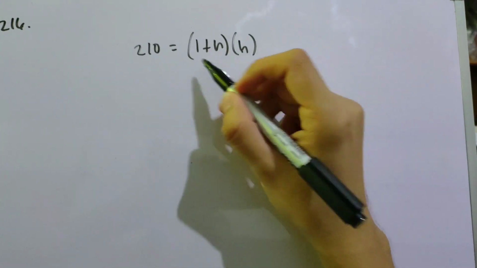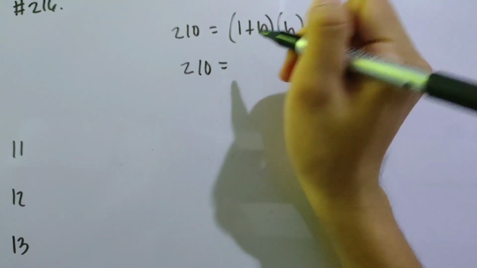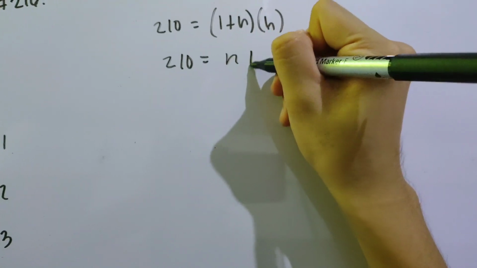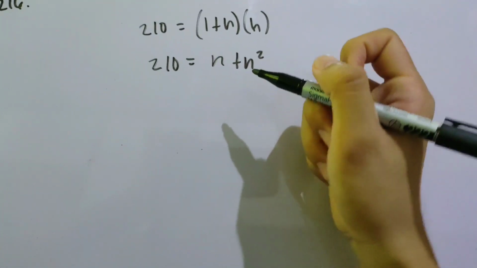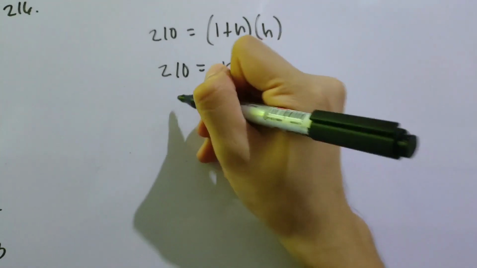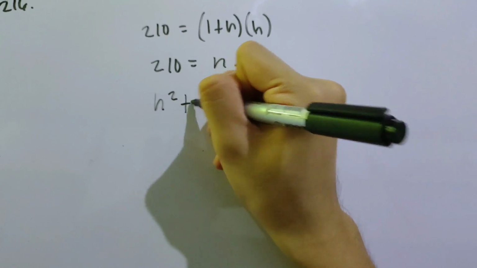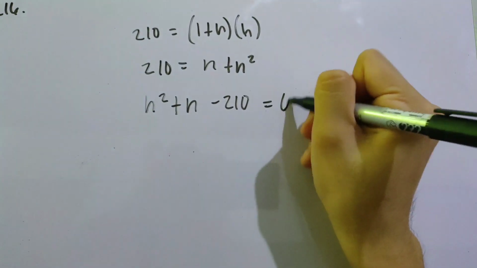Ngayon, i-distribute natin yung n dito. Magiging 210 equals n plus n squared. So, meron na tayong quadratic equation. Gawin nating standard form. Ilipat natin yung 210 dun sa kabila. Magiging n squared plus n minus 210 is equal to 0.